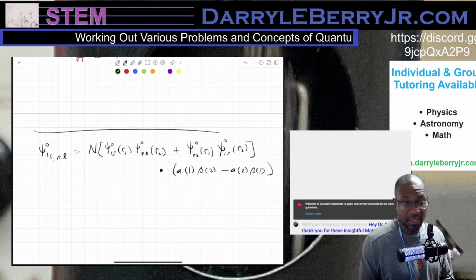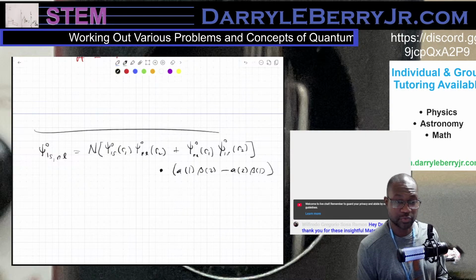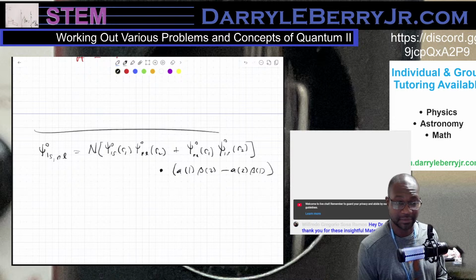Right. So basically, this is a trial wave function for the variational treatment of helium. And N is a constant to normalize it.